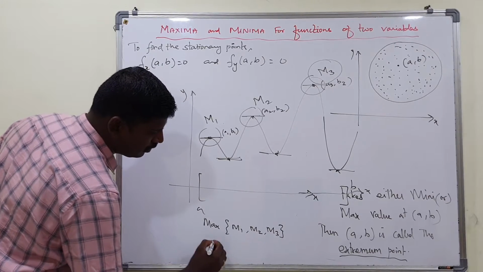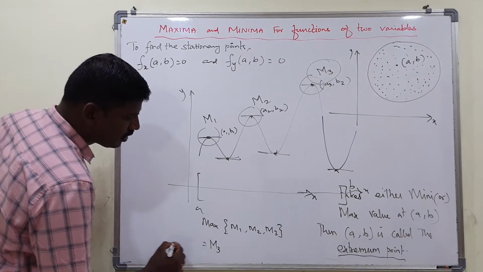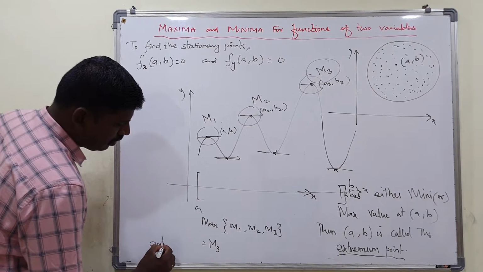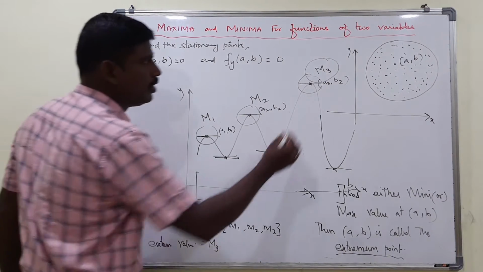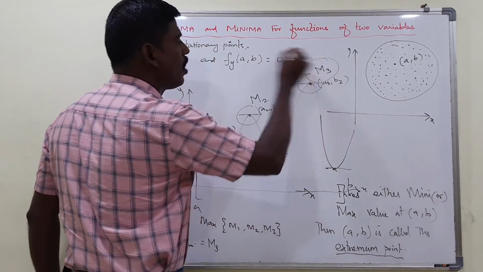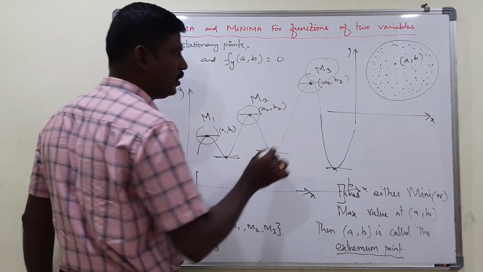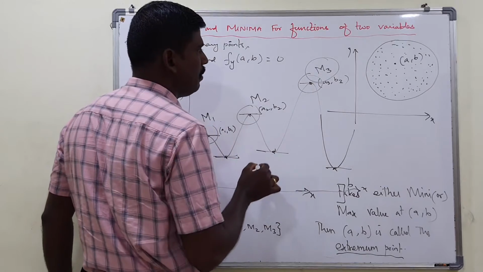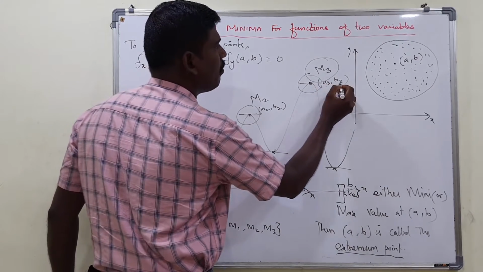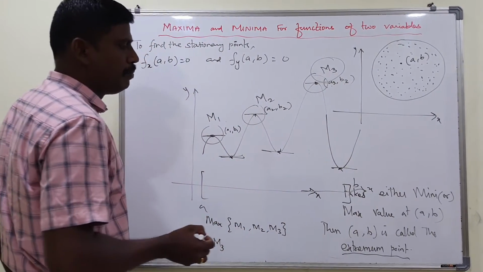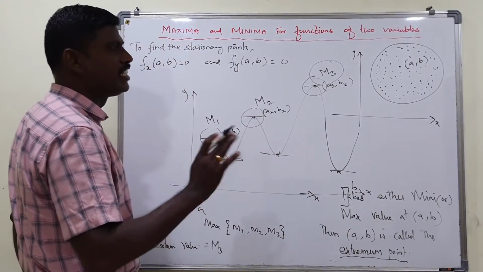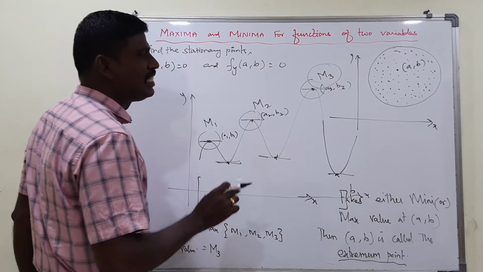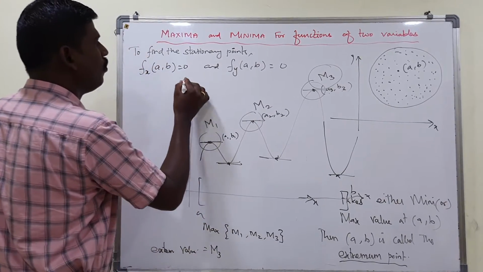Capital M3, isn't it? This is called the extremum value, the overall maximum among the maximum points. So a3 comma b3 is the point of extremum. But these 2 points are not extremum points. These 2 points are called stationary points.